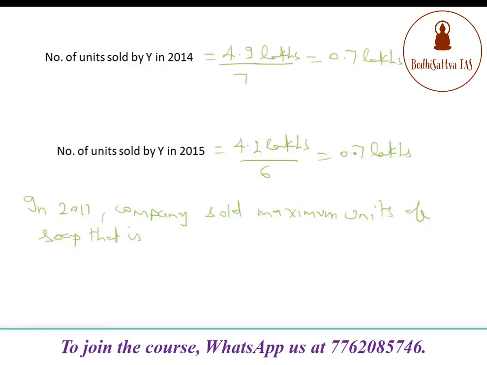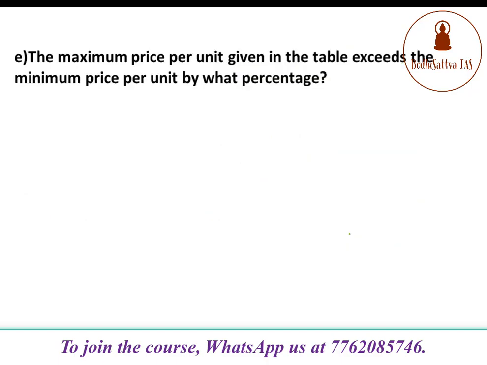So we had found out it was 1.1 lakh units, that is 1.1 times 1 lakh, so that will be 1,10,000 units. So 1,10,000 units was sold by company Y in 2011 and that was the maximum. So this was part D of the question number 7.